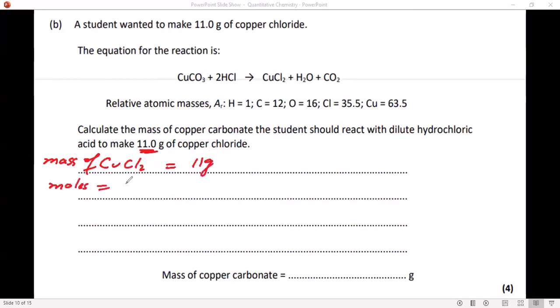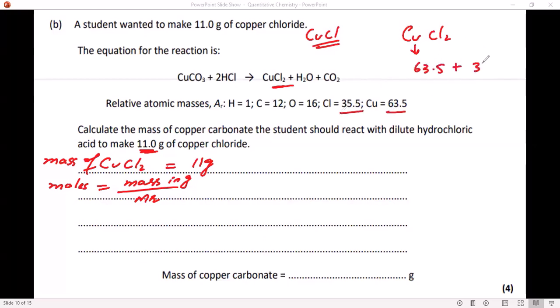I know moles is equal to mass in gram over Mr. So I need the Mr of copper chloride, CuCl2. Usually students write this, and sometimes it is wrong, so focus here. Copper is 63.5, chlorine is 35.5. Don't forget to multiply by 2. So 63.5 plus 35.5 times 2.